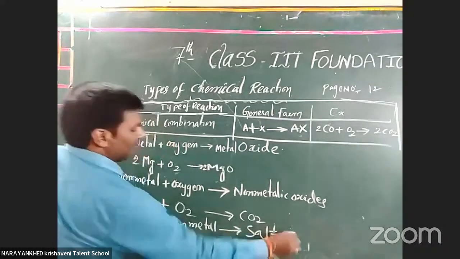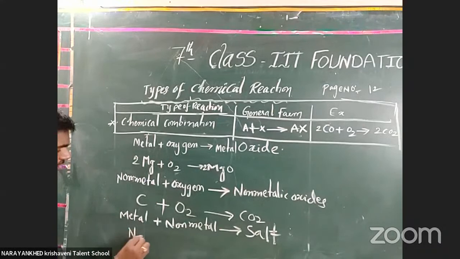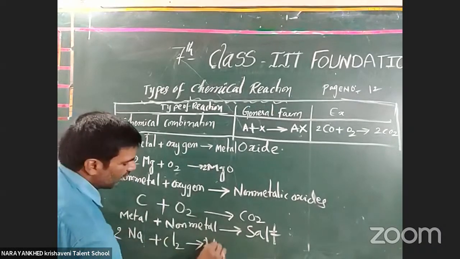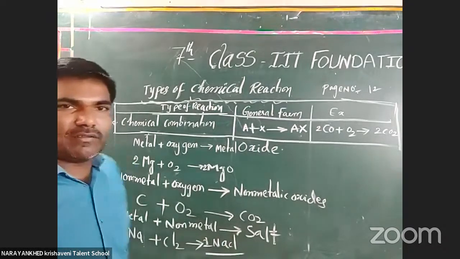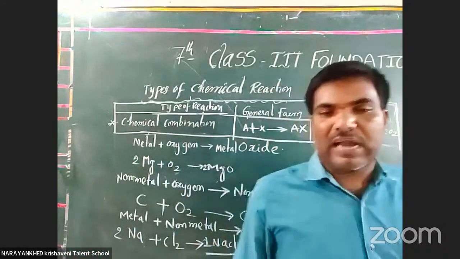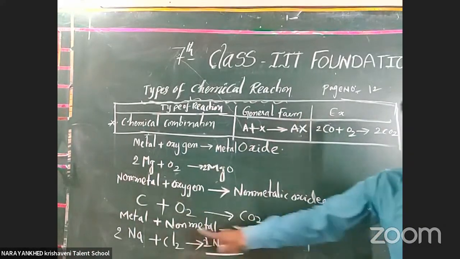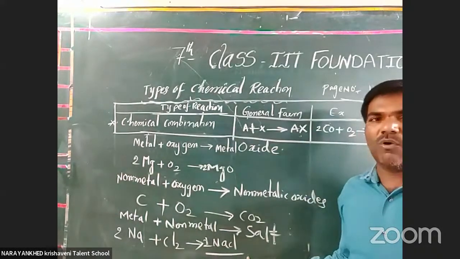Salt. Regularly whatever we use, sodium is a metal, chlorine is a non-metal, and it forms sodium chloride. The regular salt we use, what is the chemical name of that salt? Sodium chloride. Okay? Sodium combined with chlorine forms sodium chloride.